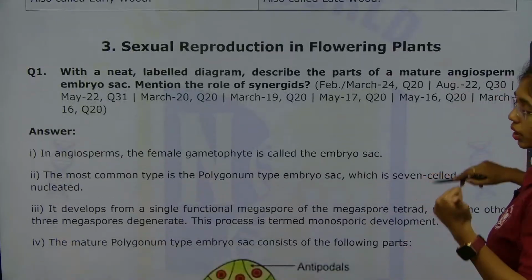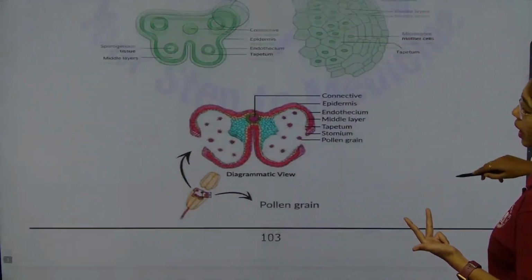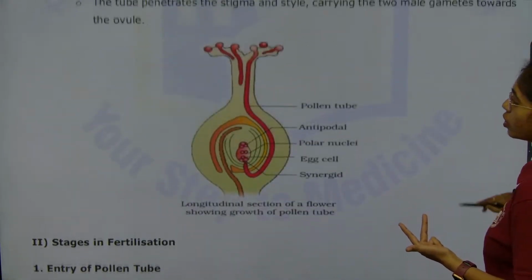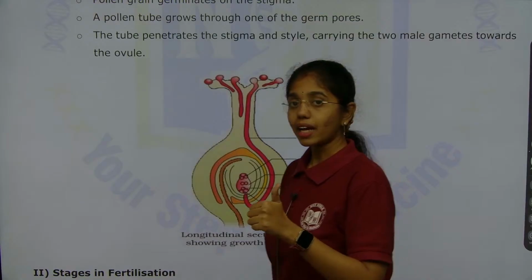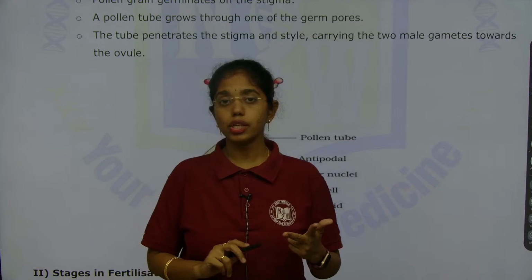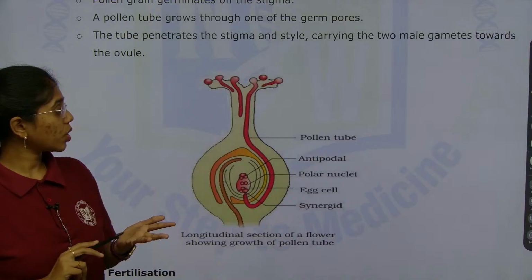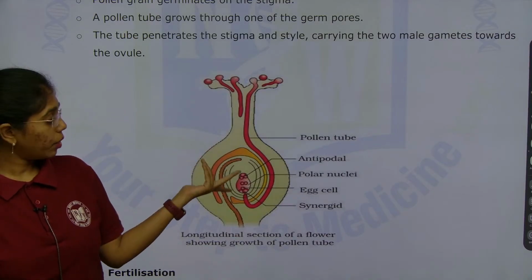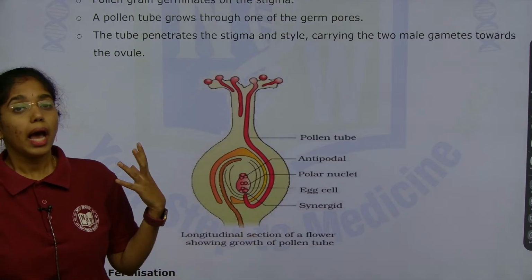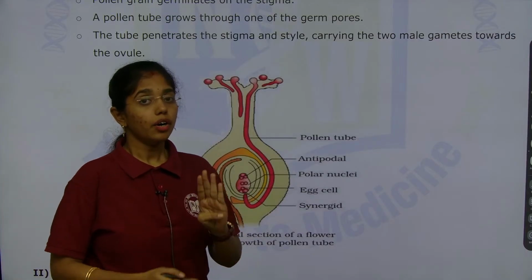Embryo sac structure, pollen pistil interaction, double fertilization, anther microsporangium structural description, and then lastly pollinating agents. These are the four concepts to be highlighted from this chapter.